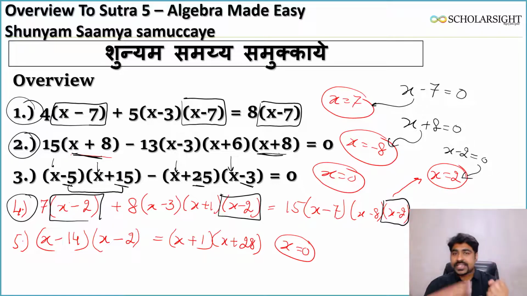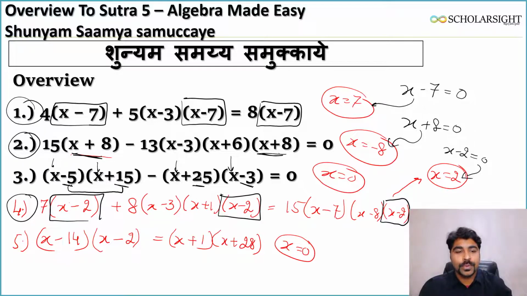If the products are the same with sign, here it was minus 75, here also minus 75, then that means x equals 0. Simple. That is what Shunyam means. Shunya means 0, samya means equal to, samuchaya means sum.